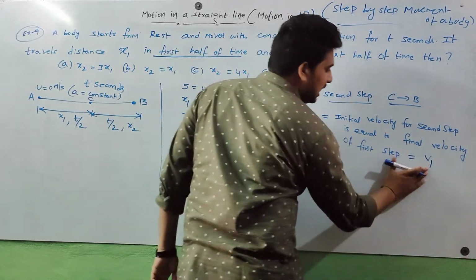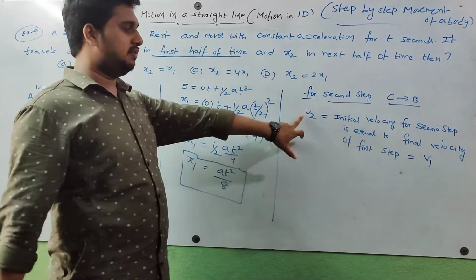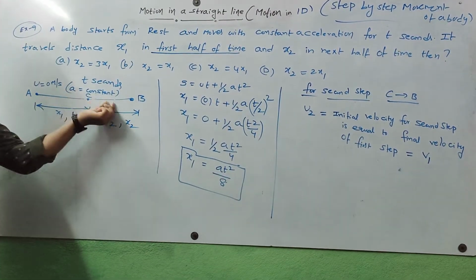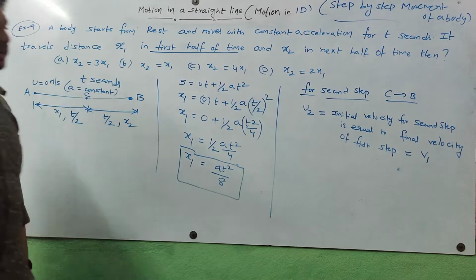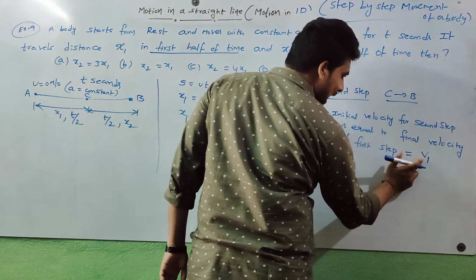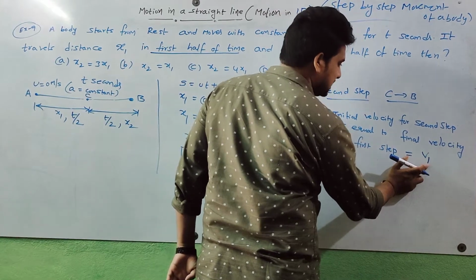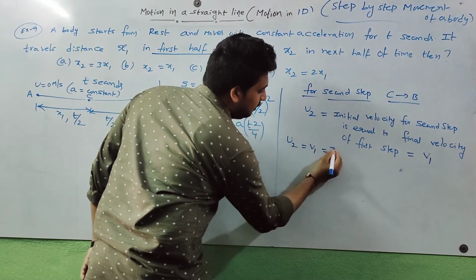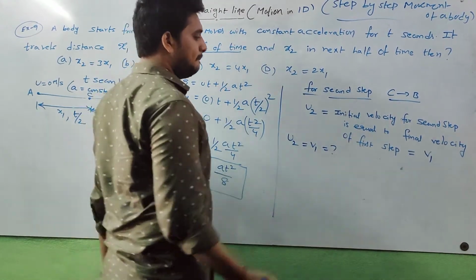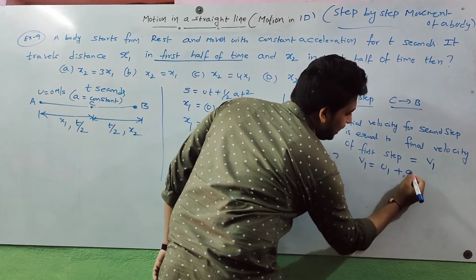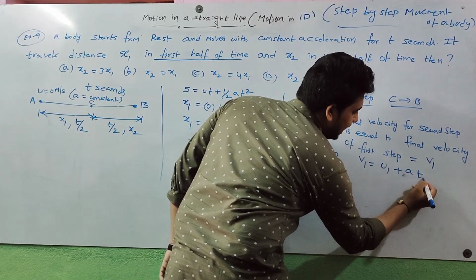So what is the initial velocity for the second step? It is equal to the final velocity of the first step. I consider the final velocity of the first step as v1. So u2 is equal to v1. So we find the v1 value first. How do we find v1? v1 is equal to u1 plus a into t1.